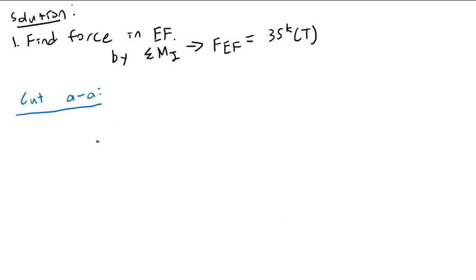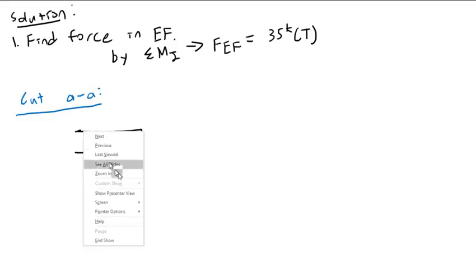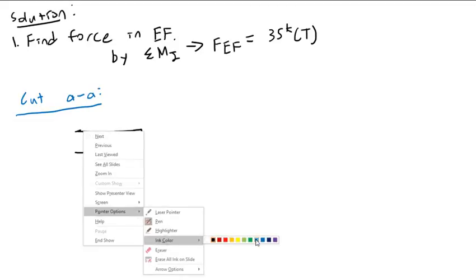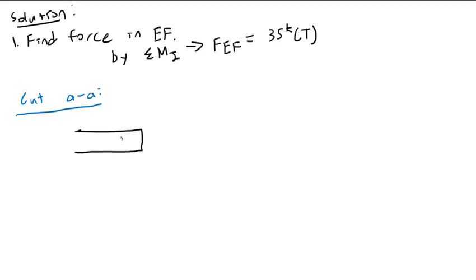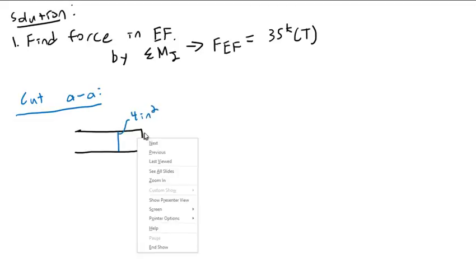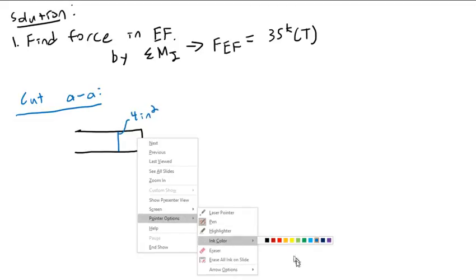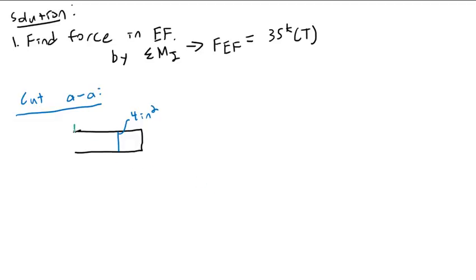AA is going to be a perpendicular cut. And this member has a cross-sectional area of 4 inches squared. That doesn't mean all the cuts that we make will have a cross-sectional area of 4 inches squared, just that the minimum cross-section of this is 4 inches squared. It is impossible to cut this member and have any area less than 4 inches squared visible to you.